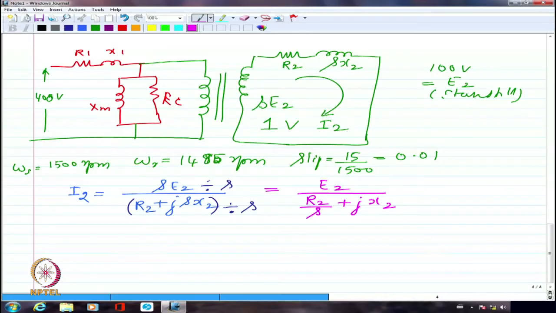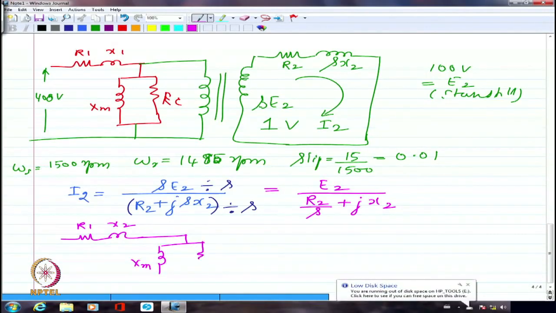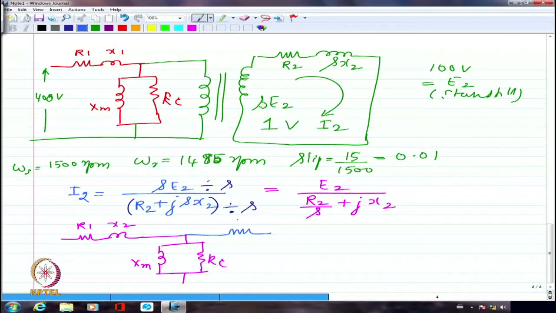So what I am going to do now is I can write R1, X1, and of course I can write the Xm and RC, no problem. But the rotor side, rather than writing R2, I am going to write R2 dash by S.